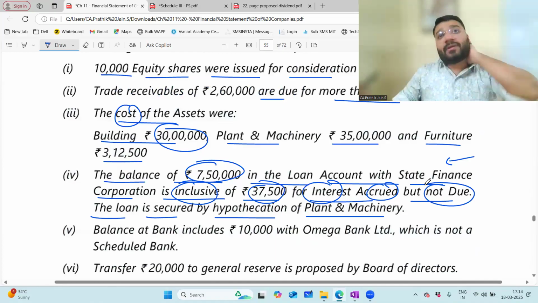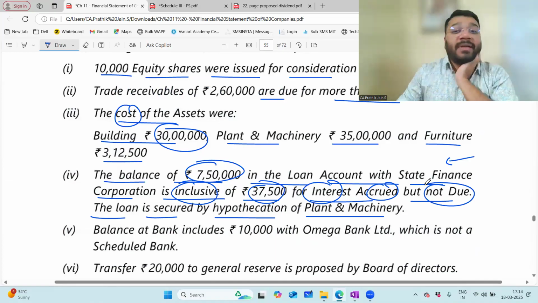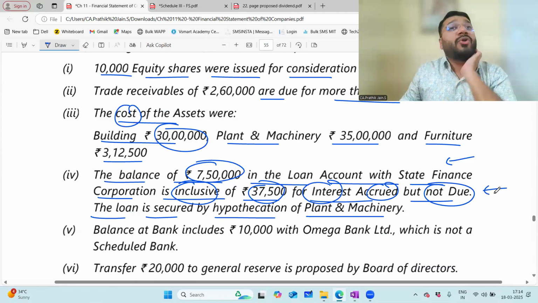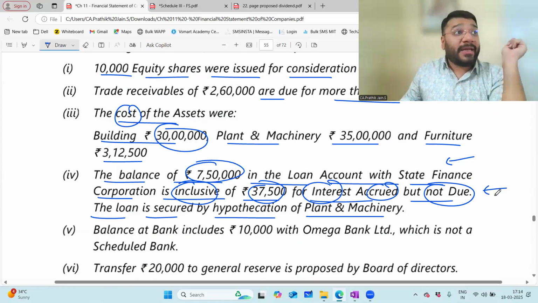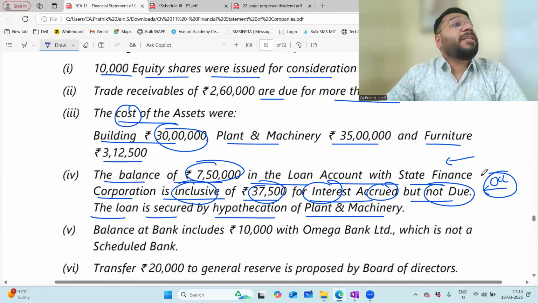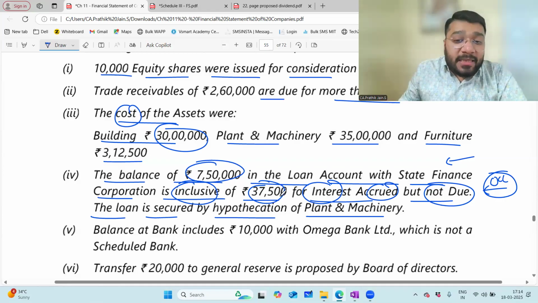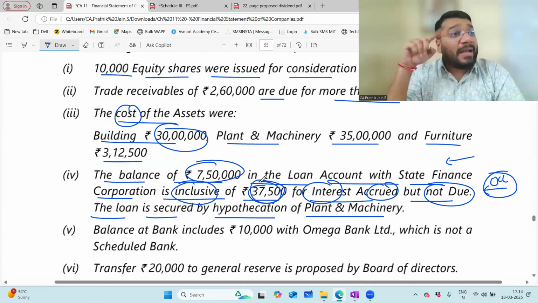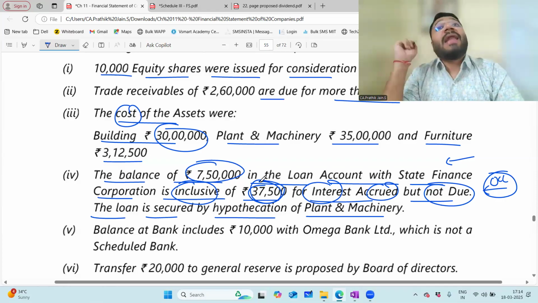So the accountant of the company had made a mistake. Instead of recording this interest accrued but not due in other current liability, he put it under loan from State Finance Corporation. So what are we supposed to do? We are supposed to regroup it. We have to minus this 37,500 from long-term borrowing, and record this under other current liabilities.